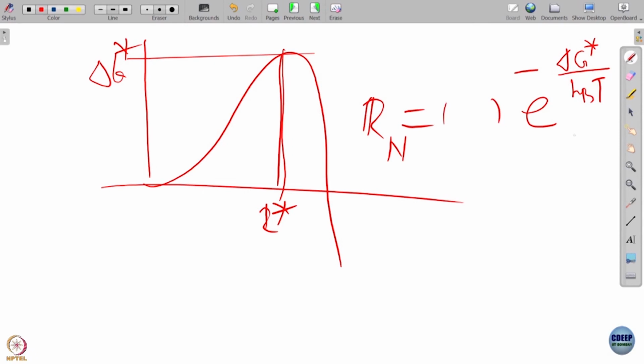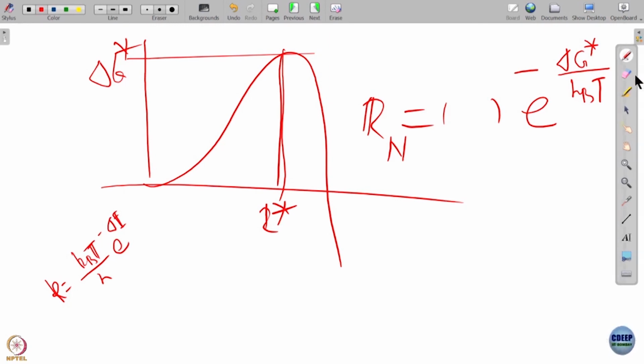I am used to doing transition state theory. If I have a barrier, I have a situation like that, I write the rate k equal to kB, the Boltzmann factor, times temperature by Planck constant, e to the power minus E star by kBT.